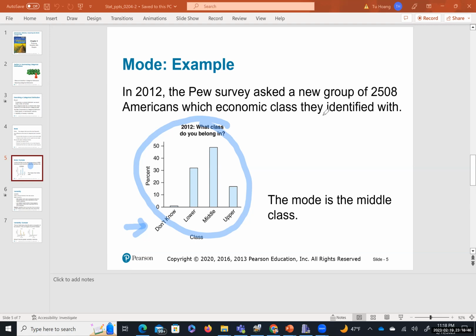This is about a survey of 2580 Americans on the economic class they identify with. And the mode is the middle class. As you see, the mode right now is the highest frequency, about 50, I think. Okay, so highest frequency.